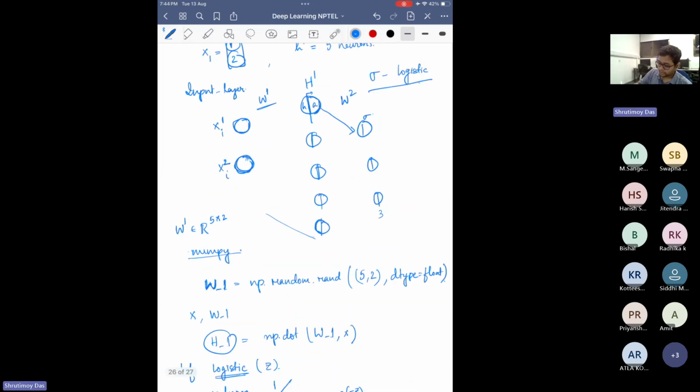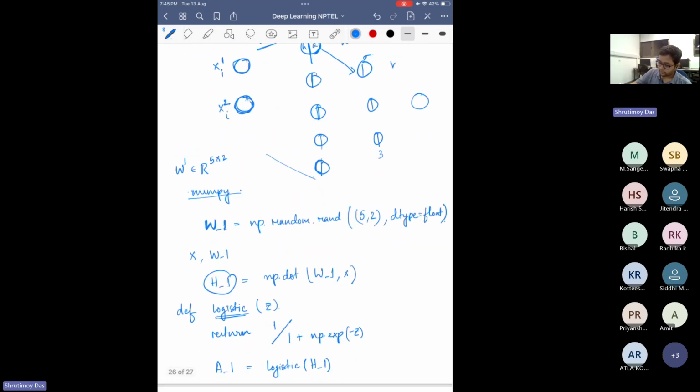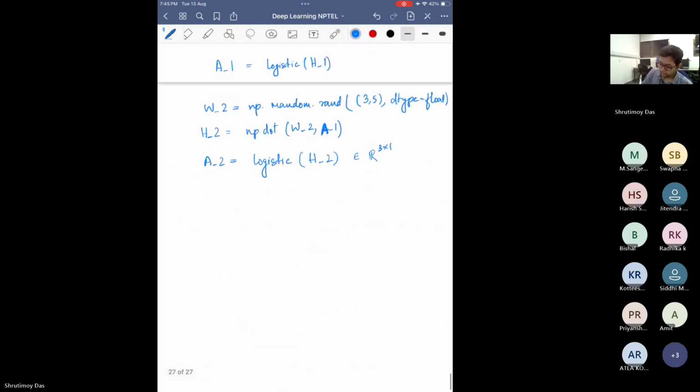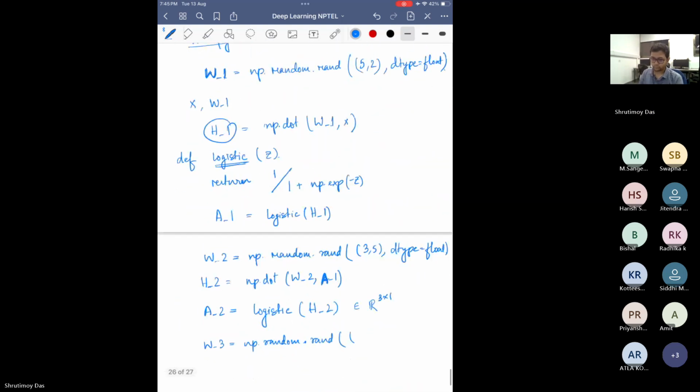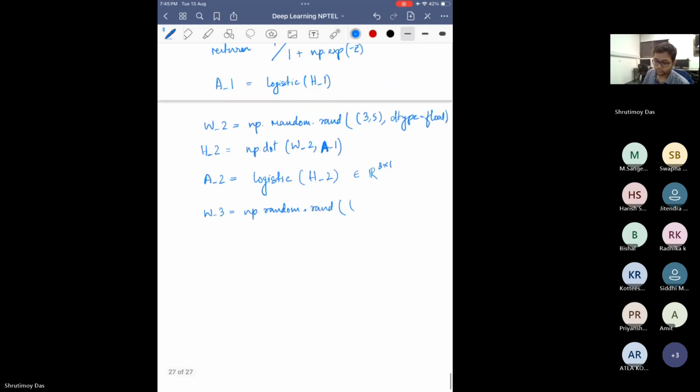Great. Now, because this is a regression problem, I will use only one output neuron, and suppose this is W3. What will be the size of W3? One cross three, great.